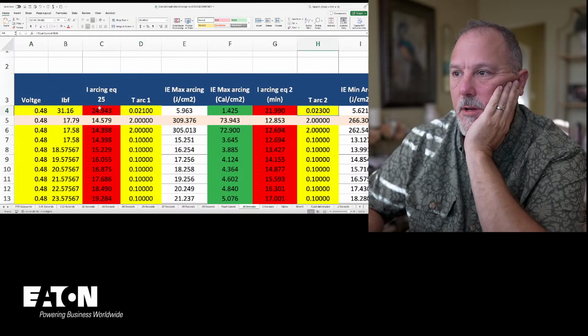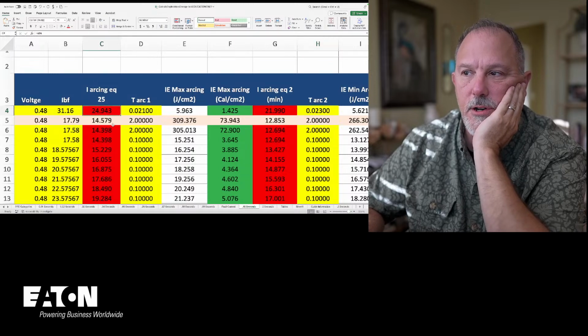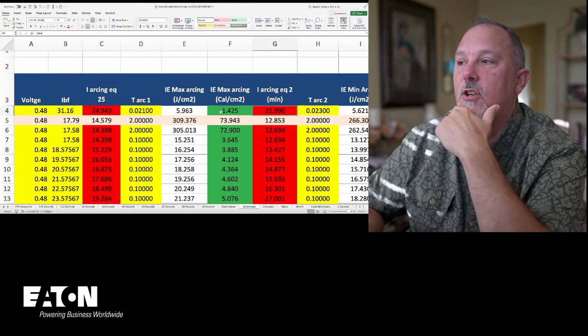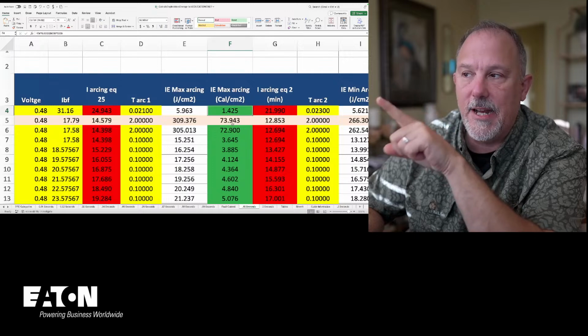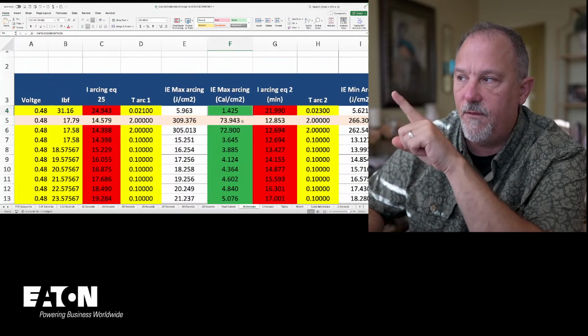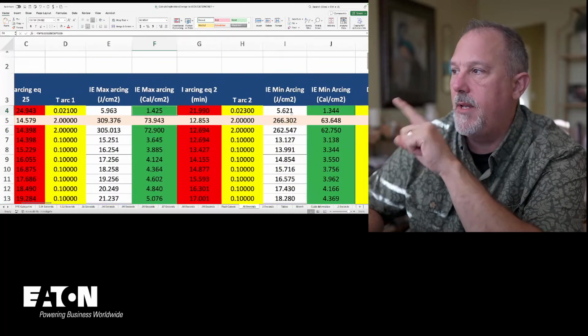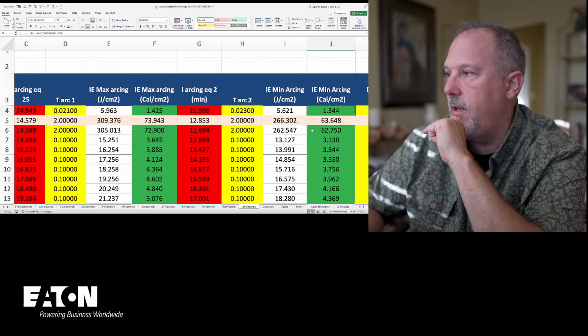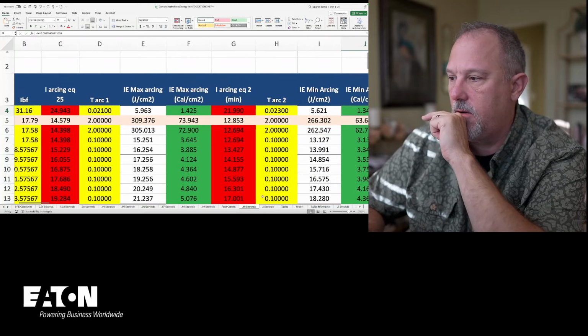My maximum arcing current was 24.94 kA. My minimum was 21.9. So my maximum arc flash calculation is 1.4, and my minimum arc flash calculation is 1.3. Let's go back.